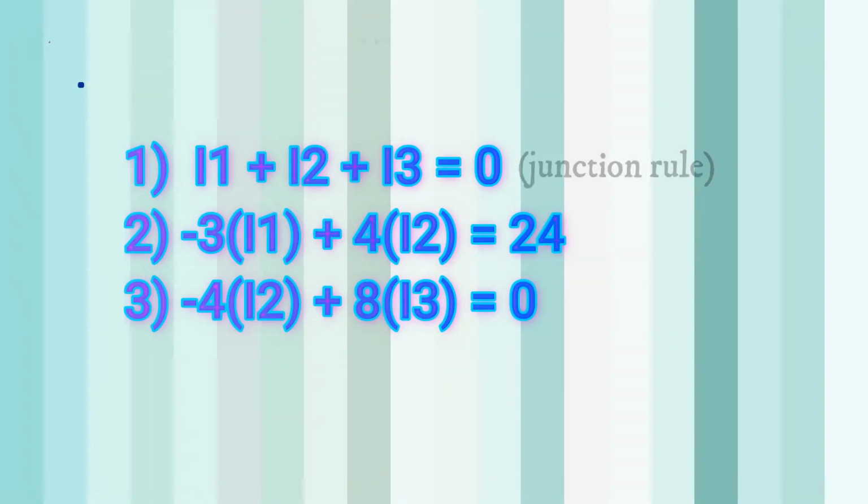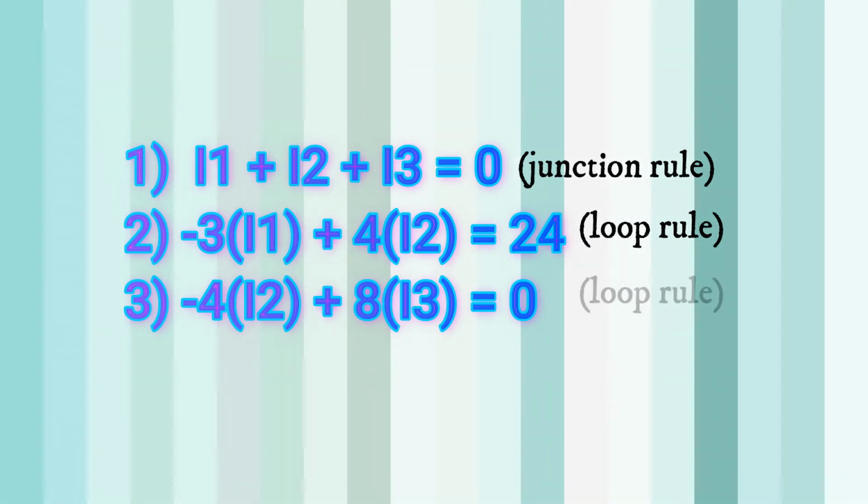The first equation is I1 plus I2 plus I3 equals 0. The second equation is negative 3I1 plus 4I2 equals 24. And the third equation is negative 4I2 plus 8I3 equals 0.